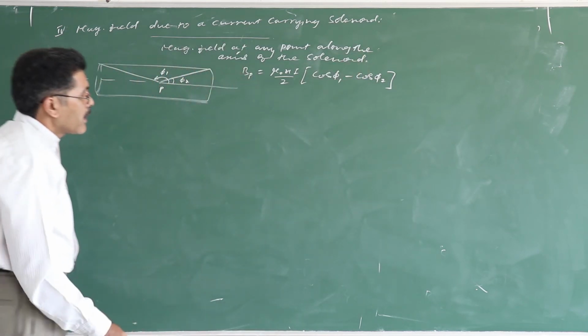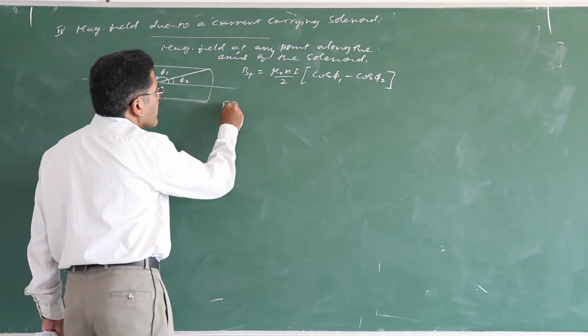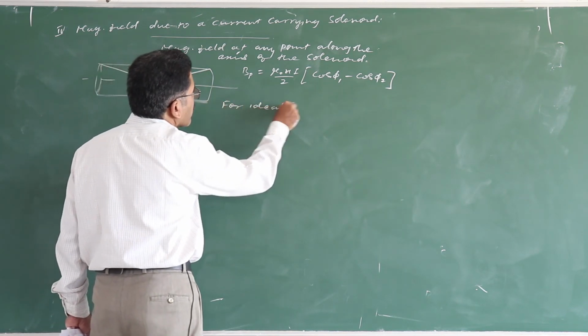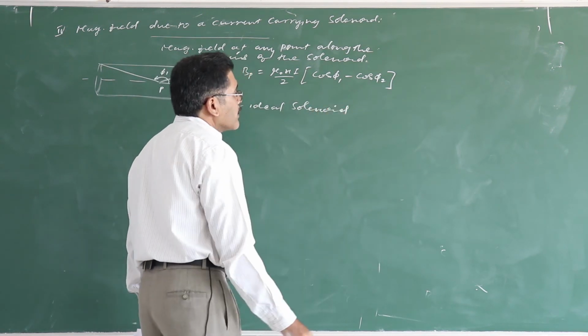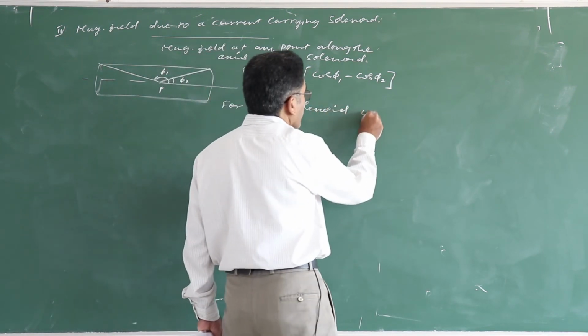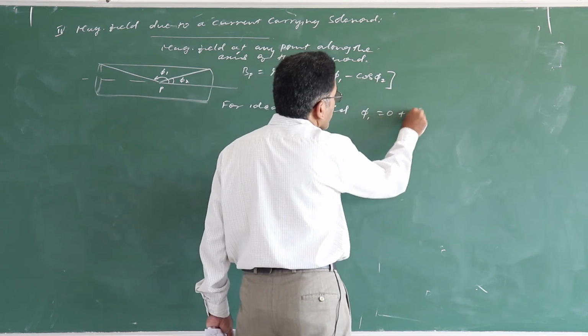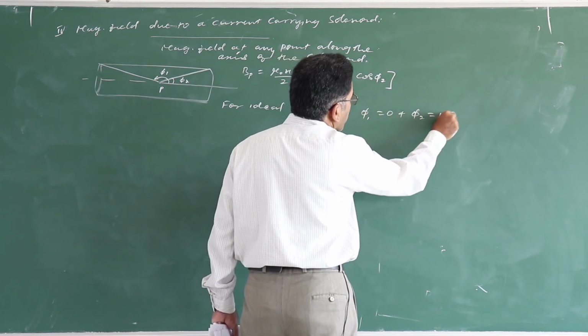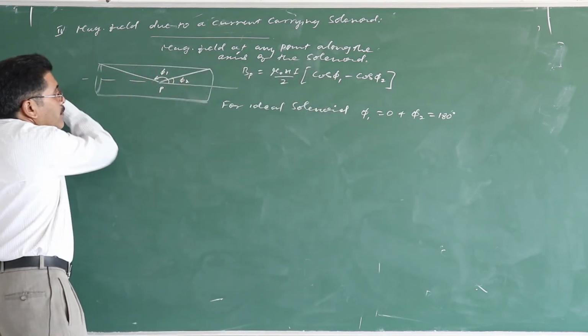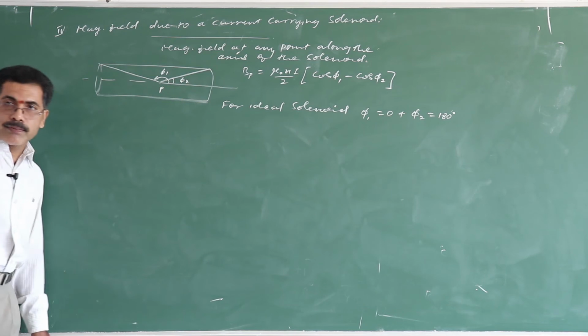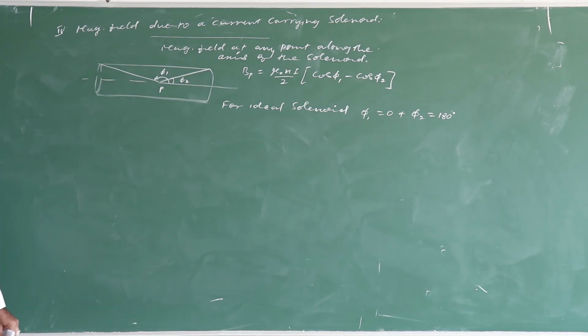If you take an ideal solenoid, say phi 1 is equal to 0 and phi 2 is equal to 180. If this is of infinite length, the angles tend to phi 1 nearly equal to 0 while phi 2 nearly becomes equal to 180 degrees.